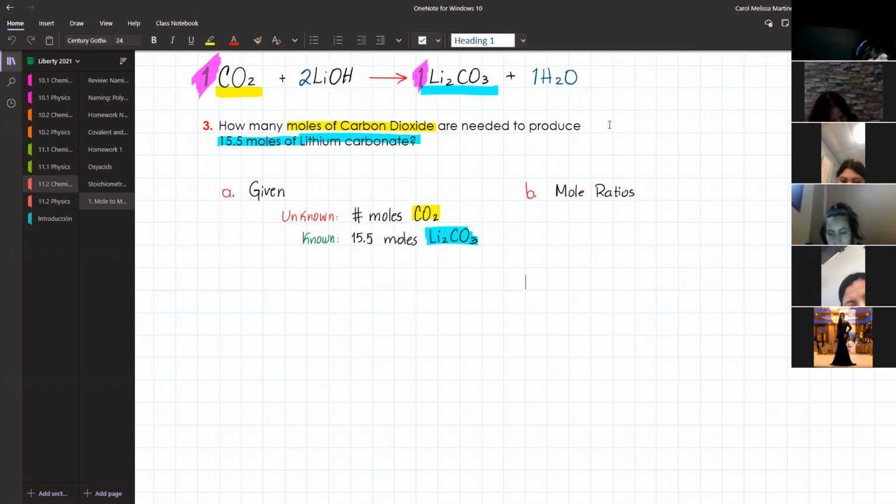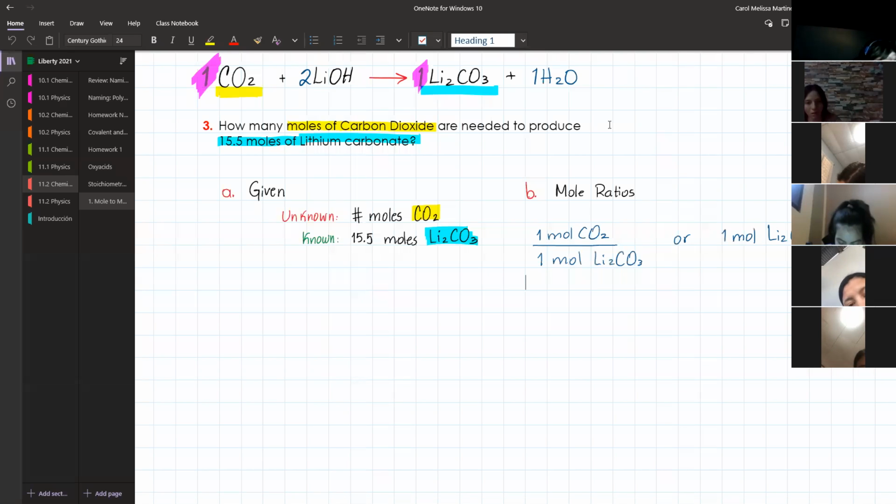You write the coefficients and you're gonna have a ratio 1 to 1. 1 in the reactant, 1 in the product. That's what it means, okay? So you have 1 mole of CO2 in the reactant that is capable to produce 1 mole of lithium carbonate. Or you can write it in the other way. 1 mole of lithium carbonate can be made by using 1 mole of CO2. That's what it means, okay?